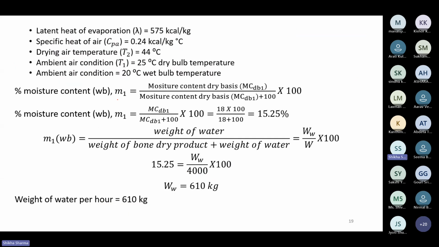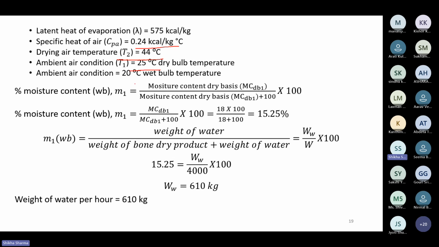Latent heat of evaporation is 575 kilocalorie per kg. Specific heat of air is 0.24 kilocalorie per kg per degree Celsius. Drying air temperature is 44 degrees Celsius.